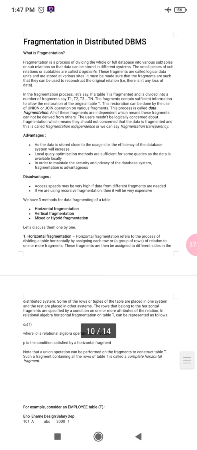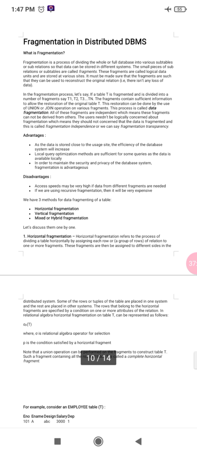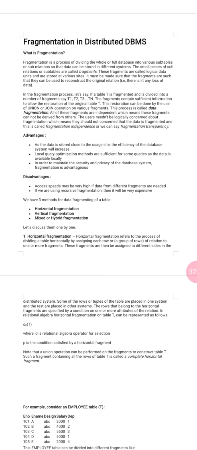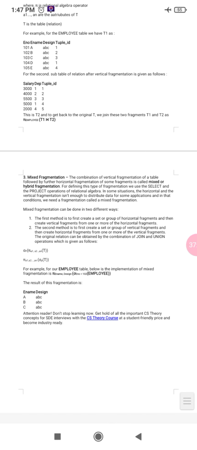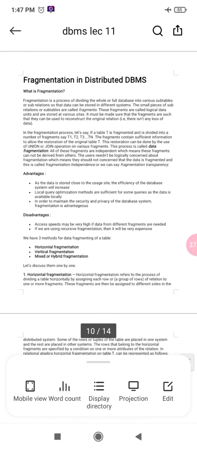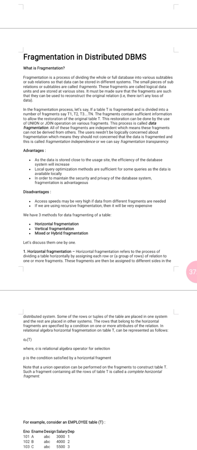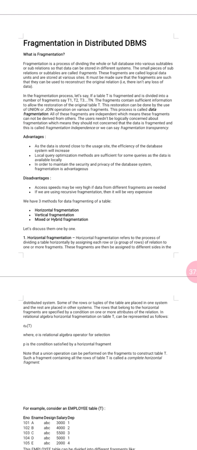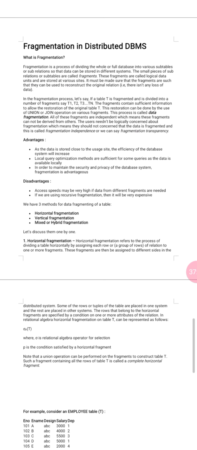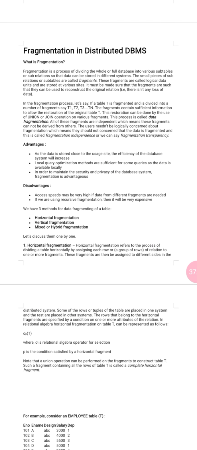Now we will move further towards fragmentation in distributed database. Clear? What happens in fragmentation in distributed database? What is fragmentation first? Fragmentation is a process of dividing the whole or full database into various sub-tables or sub-relations so that data can be stored in different systems.